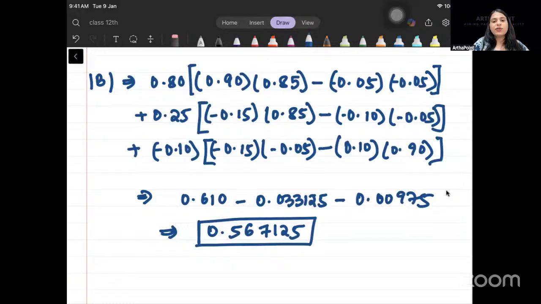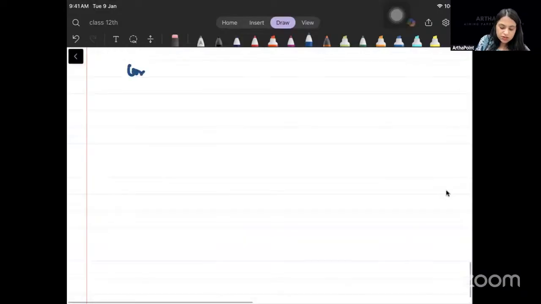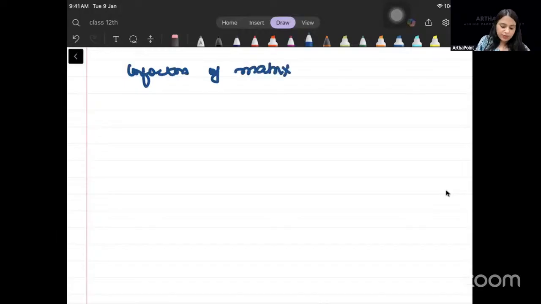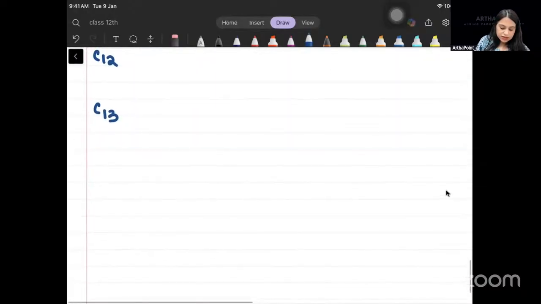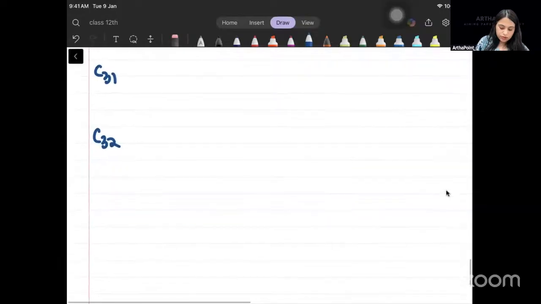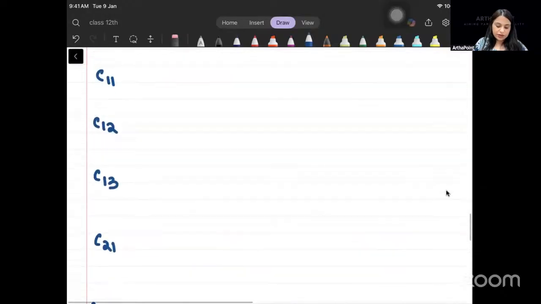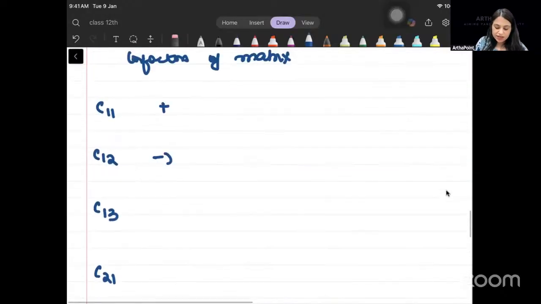So now we have to calculate the cofactors of the matrix. Right? And let us go ahead and calculate those cofactors quickly. So cofactors of the matrix. Please keep your calculator in front of you. So I'm going to calculate C11, C12, C13, C21, C22, C23, C31, C32, C33. ठीक है, remember cofactor में this will have a sign, क्योंकि minor के साथ sign भी लगता है.